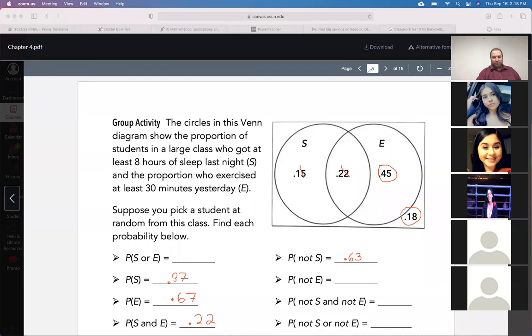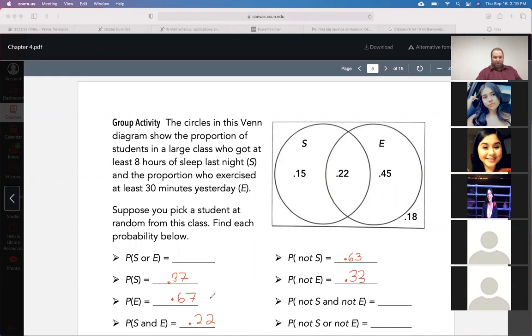Do we agree? Yes. What about not E? 0.18 and 0.15. Well, what is that? 0.33.